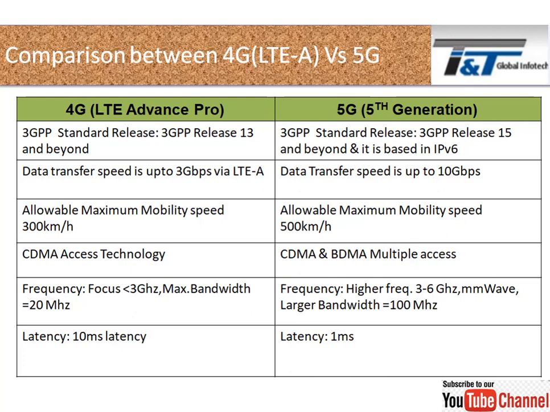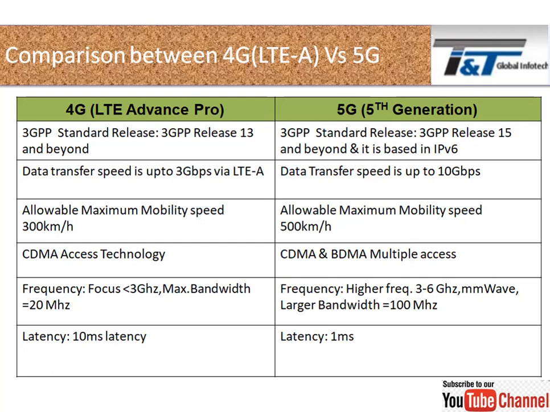If we come to frequency, we can use a maximum frequency of 3 gigahertz and a maximum bandwidth of 20 megahertz as per the current situation. So you can see the difference between 4G and 5G. Here we can use 3 to 6 gigahertz, which is millimeter wave, and a larger bandwidth of 100 megahertz.